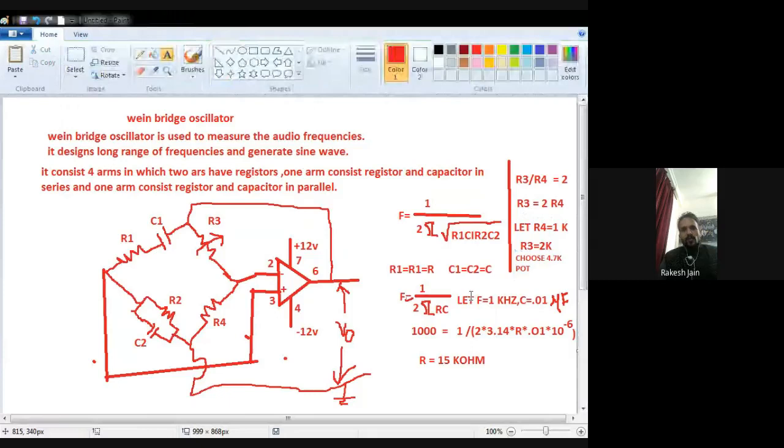We are going to the Multisim software so that you will know how to design a Wien bridge oscillator. We will use the same circuitry, the same parameters while designing the RC phase shift oscillator.